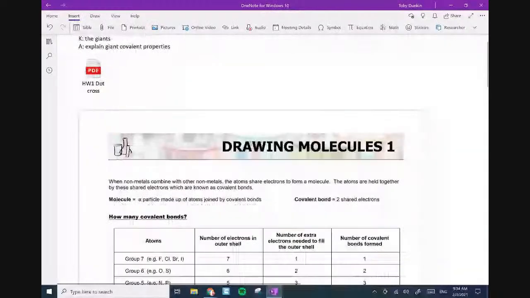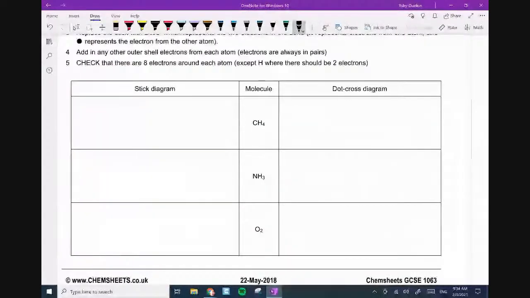So I gave you a quick homework of doing some dots and crosses. 2 marks for each part. So we've got methane. So our stick diagram becomes this. There's our stick. And then our dot and cross. It's actually quite tricky, isn't it? Because it's quite a tight space for the dot and cross.